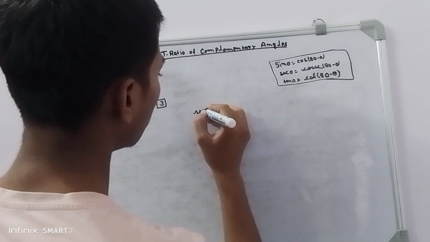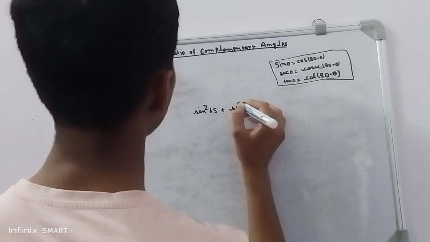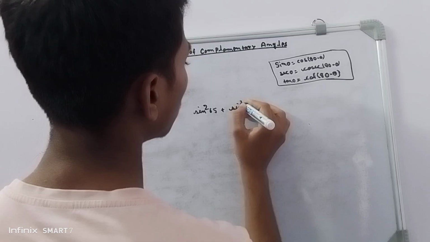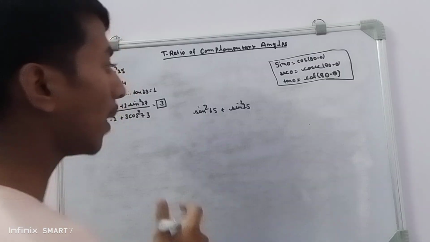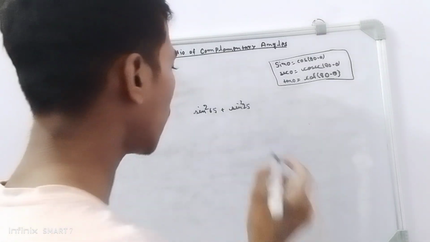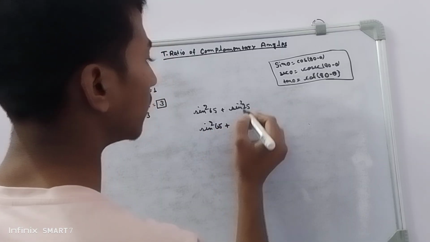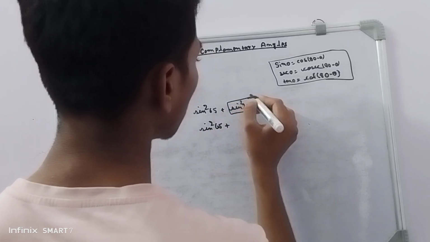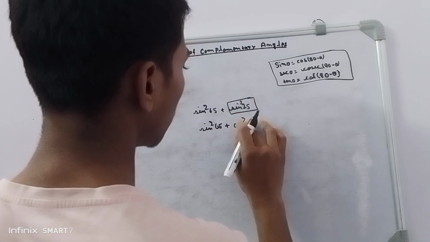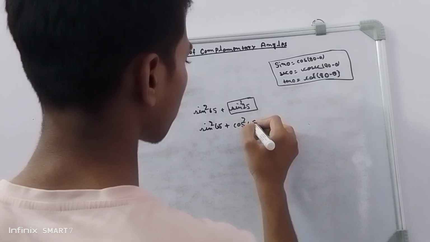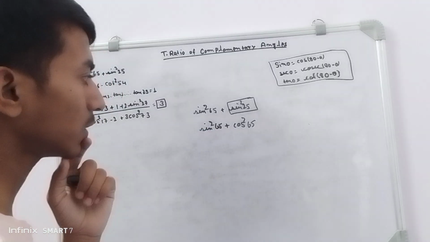The first question is sin square of 65 plus sin square of 25. How will you solve it? As I said, you just have to use the formulas. Sin square of 25 can be written as cos square of 65.